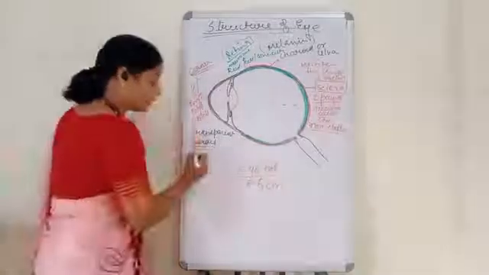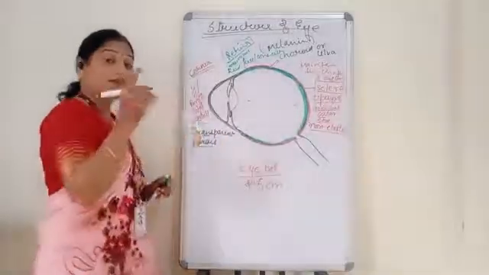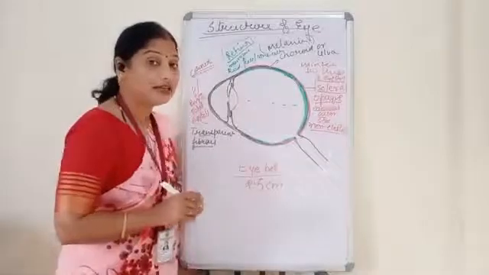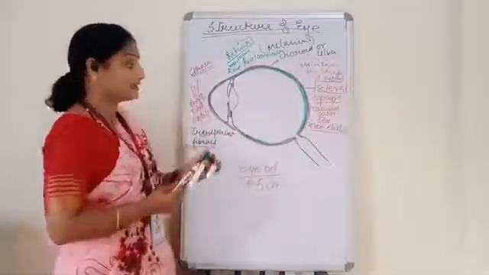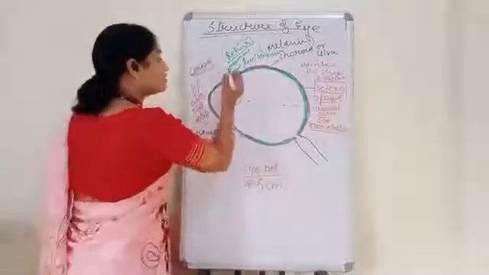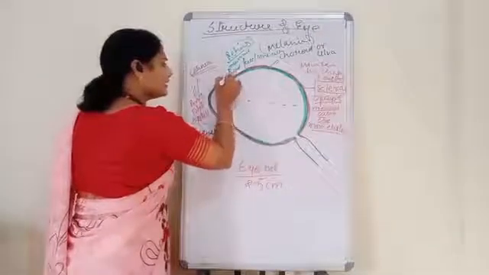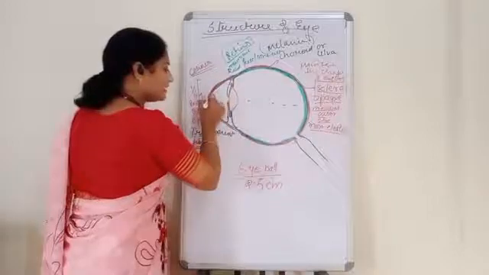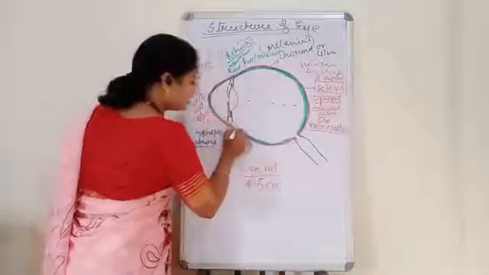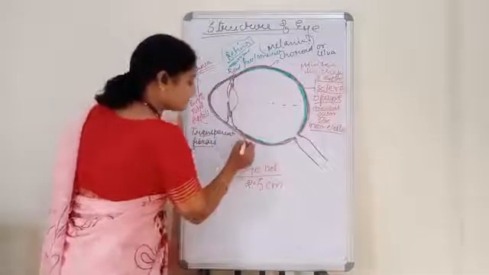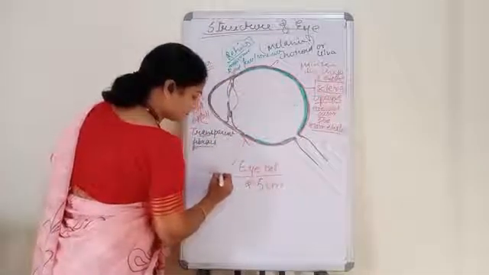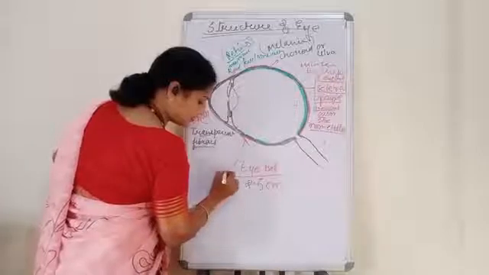So it is covered by a single layer thin epithelial membrane, and that is called conjunctiva. I am drawing a very thin layer. This thin membrane is named conjunctiva.